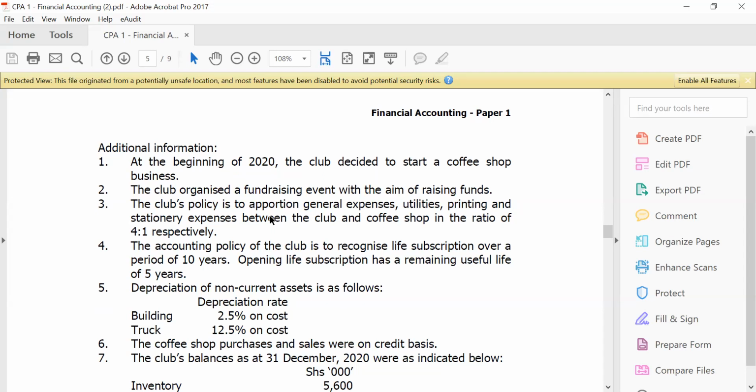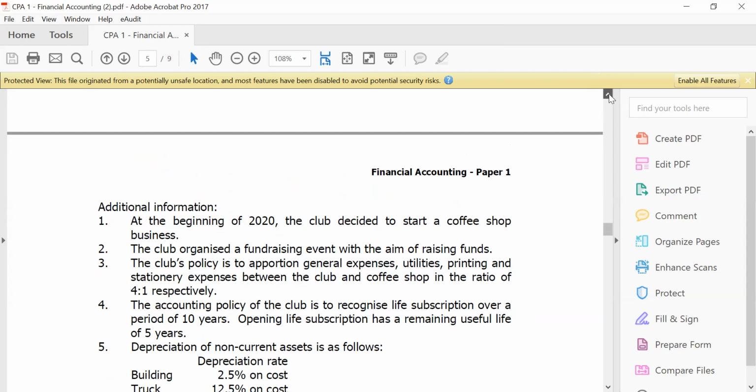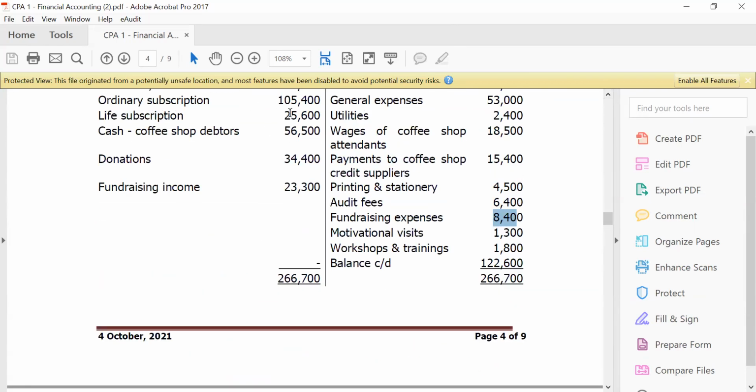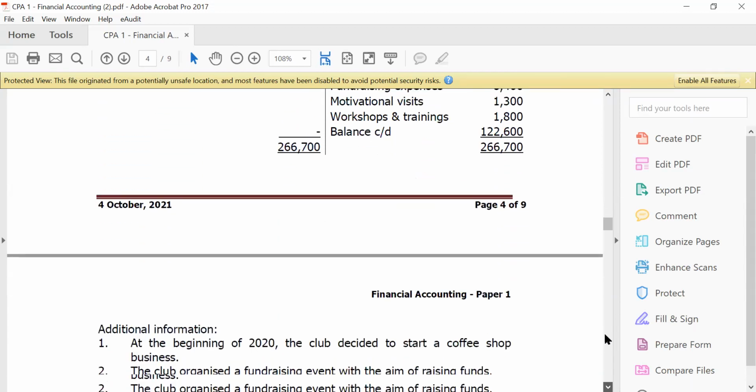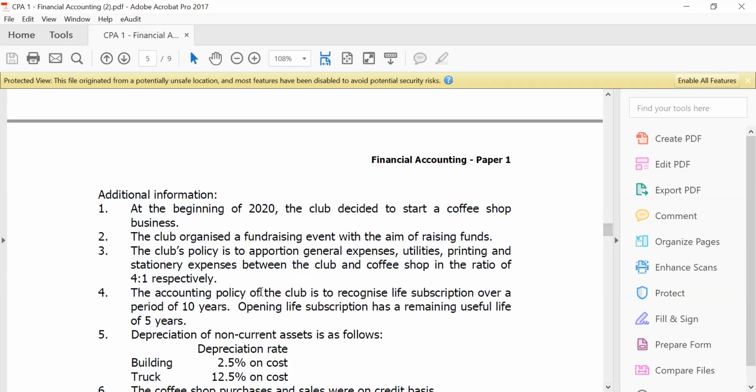So they have also told us the accounting policy of the club is to recognize life subscription over a period of 10 years. Like I told you, somebody who contributes money, like for example, we are seeing now receipts and payments for this year, we are seeing that we have life subscription of 25,600 that was contributed. So the 25,600 that was contributed this year, the club's accounting policy is to recognize it over 10 years. And then they are telling you that the opening life subscriptions has a remaining useful life of 5 years.